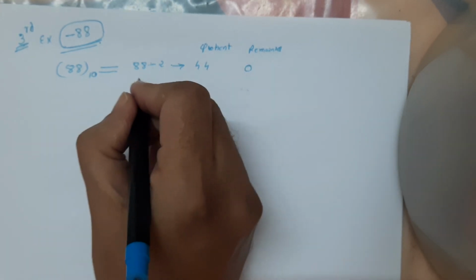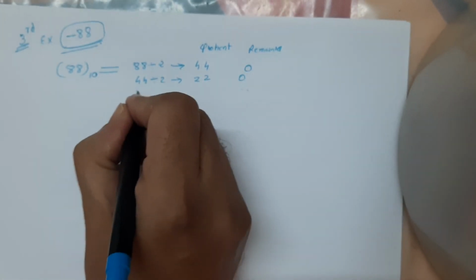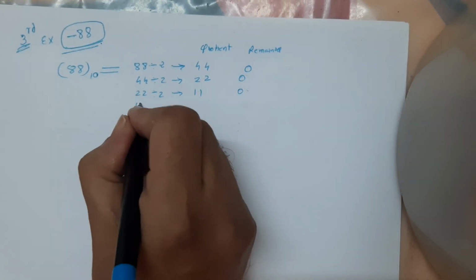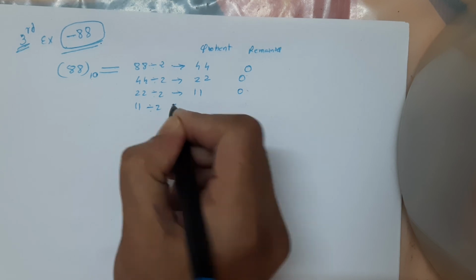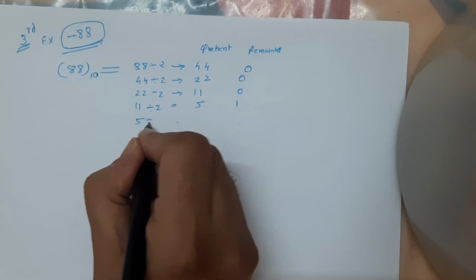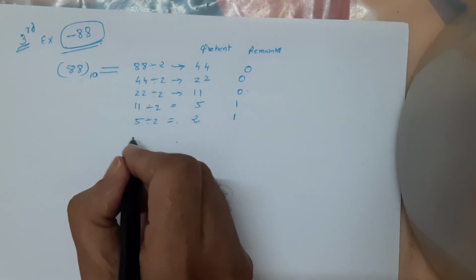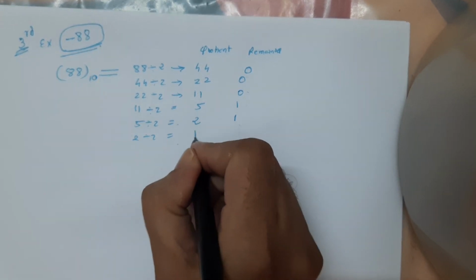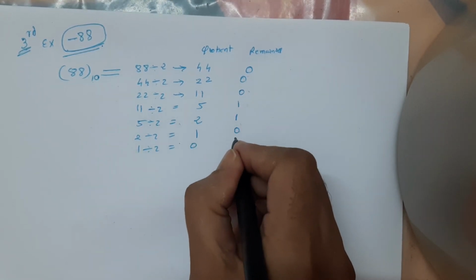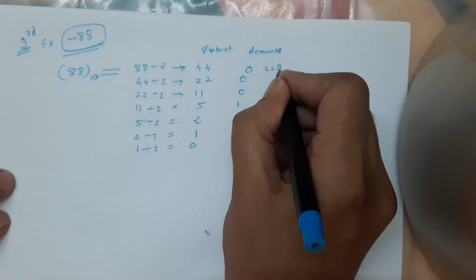Remainder is 0. 44 divided by 2 is 22, remainder 0. 22 divided by 2 is 11, remainder 0. 11 divided by 2 is 5, remainder 1. 5 divided by 2 is 2, remainder 1. 2 divided by 2 is 1, remainder 0. 1 divided by 2 is 0, remainder 1. This is your MSB, this is your LSB, right?